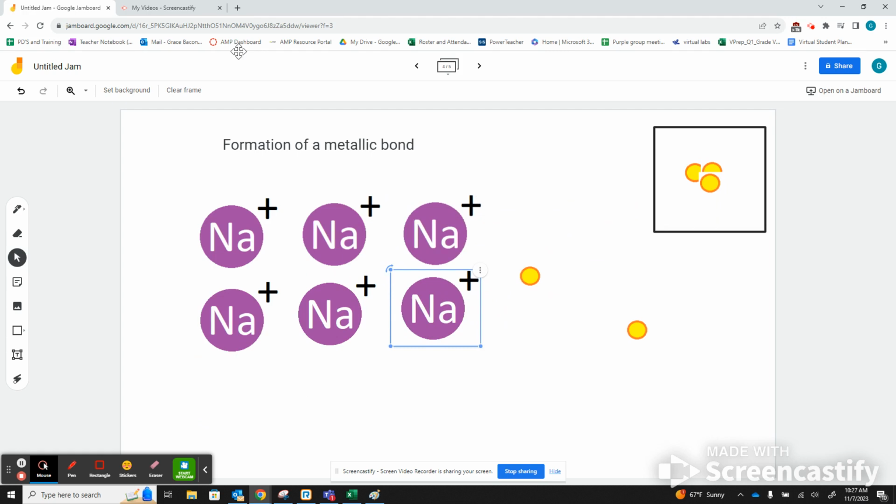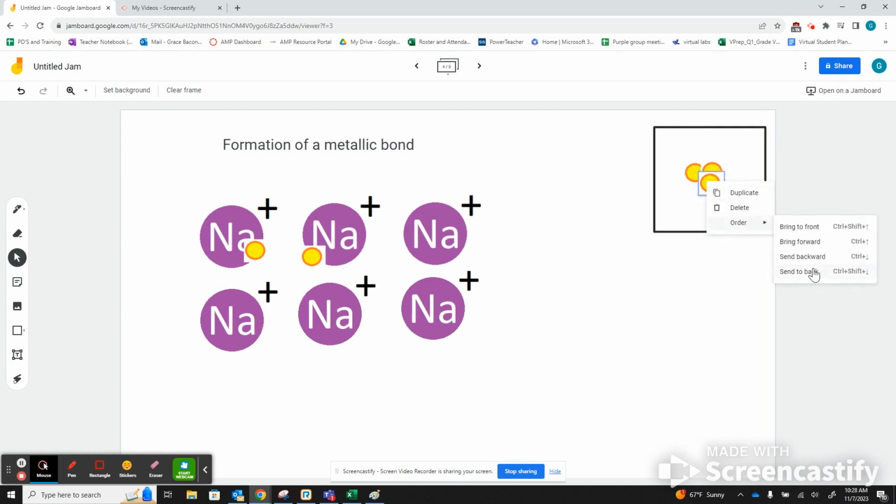So we'll have all of these sodium atoms, and then they each have these electrons, and I'll send these all to the back. Bring all of these to the front.